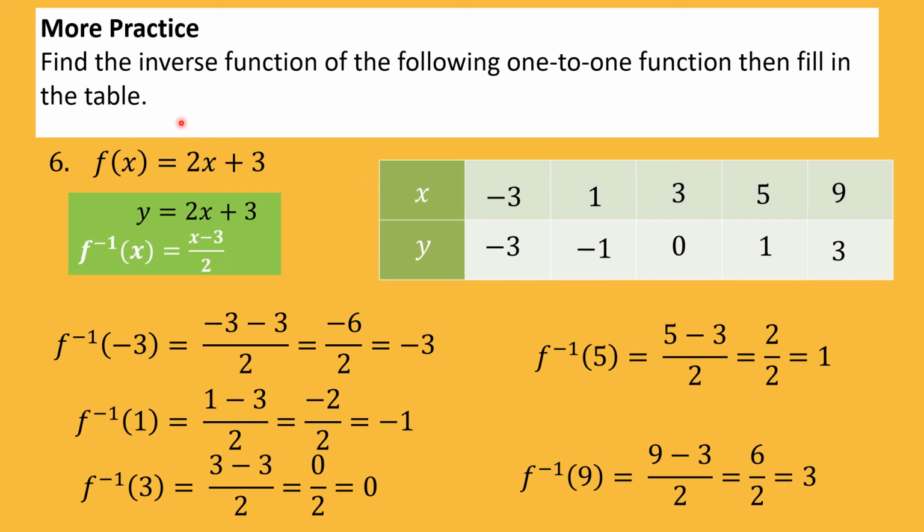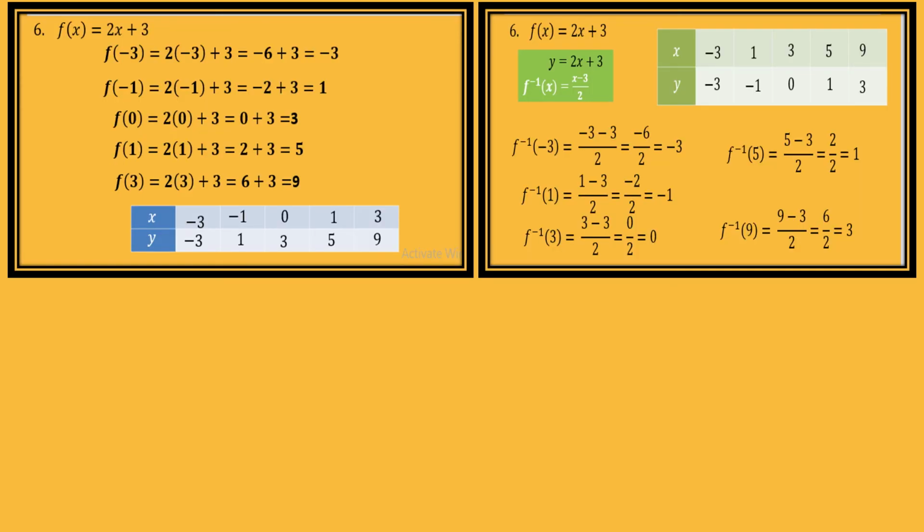Gamit yung original function kanina doon sa first slide na sinundan natin, ito na ngayon yung ating inverse function. So, compare with the two given, ito po yung original function. Ang nakuha natin kanina ay negative 3 and 3, negative 1 and 1, 0 and 3, 1 and 5, 3 and 9. Dito po sa original function, okay, so iyan po ay original.